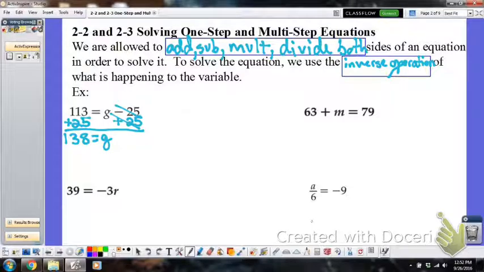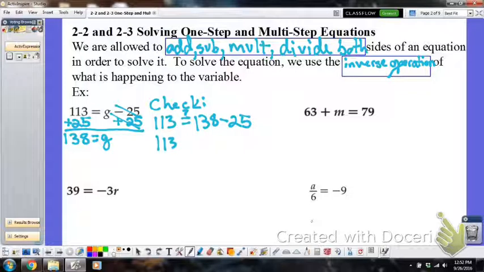Now, let's check really quick to make sure that's correct. We can always check these equations by substituting what we got for g back into our equation. So if I want to check, I can take 113, and I'm going to find out if it is equal to 138 minus 25.